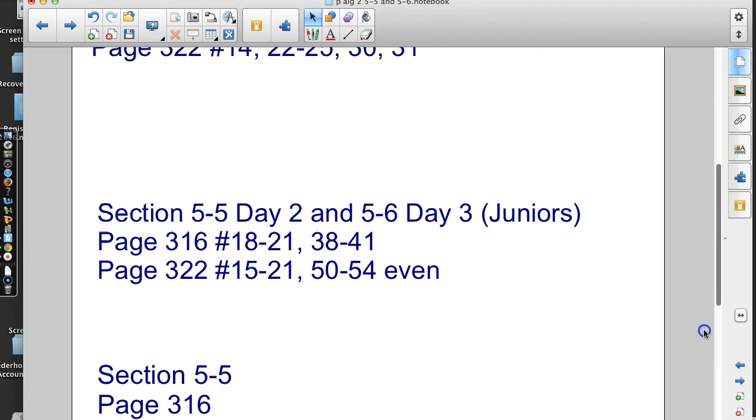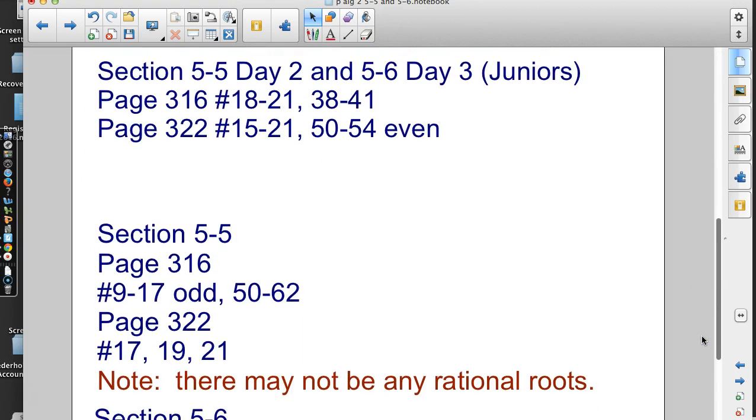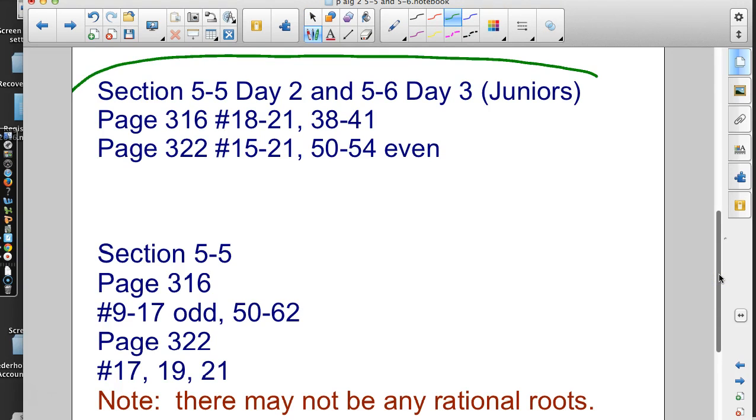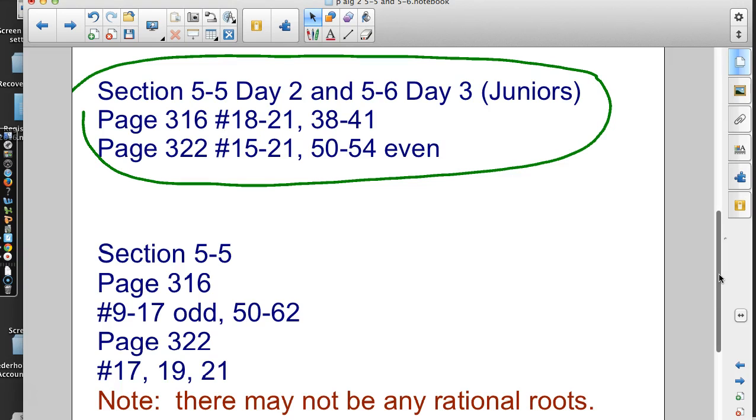Oh, and I should point out, follow directions, because this is one of those assignments where 18 through 21 just says find the other roots. Don't write the whole thing, just find the other roots. So follow the directions, read the directions. So you're not doing the big long polynomial when you don't need to do the big long polynomial.